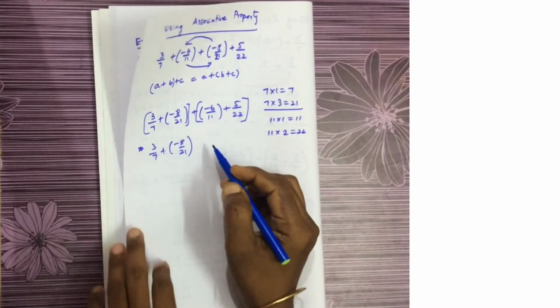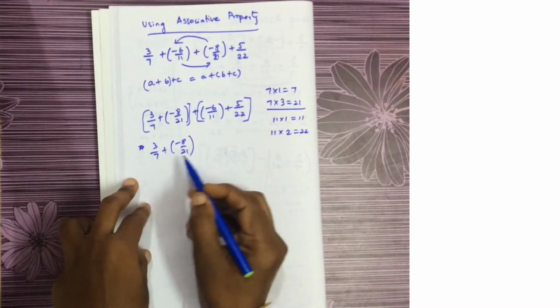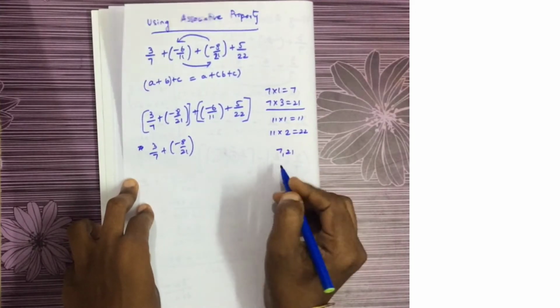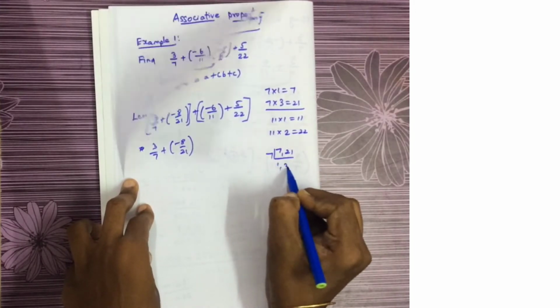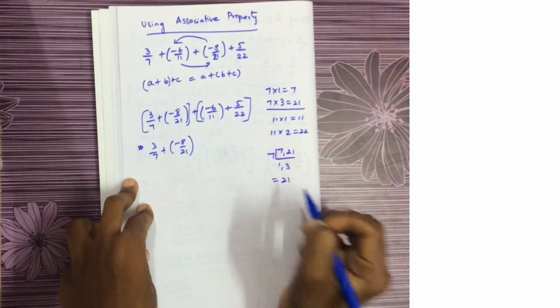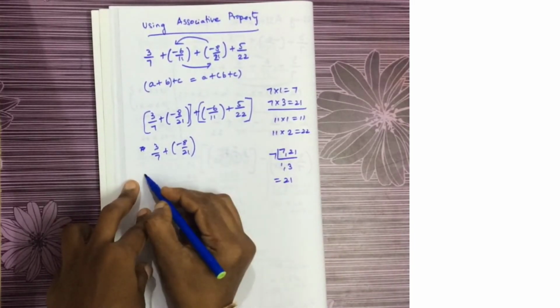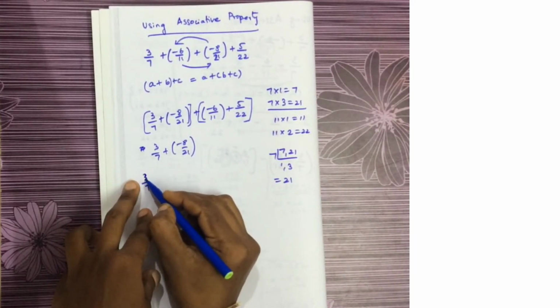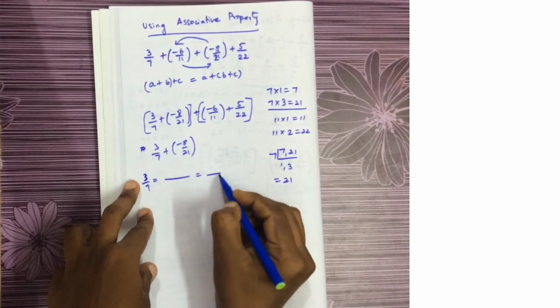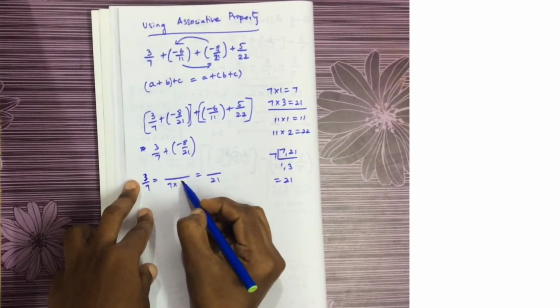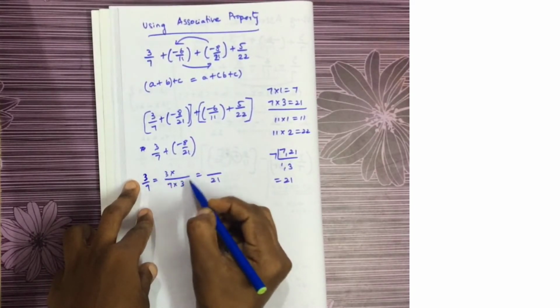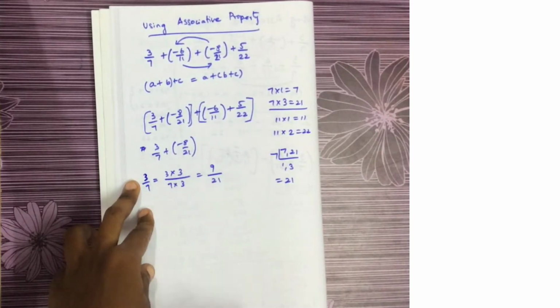So now we have to take the LCM of 7 and 21. 7 threes are 21, so the LCM is 21. So 3 by 7 equals, 7 threes are 21, multiplying the numerator by the same 3, that is 9 by 21.